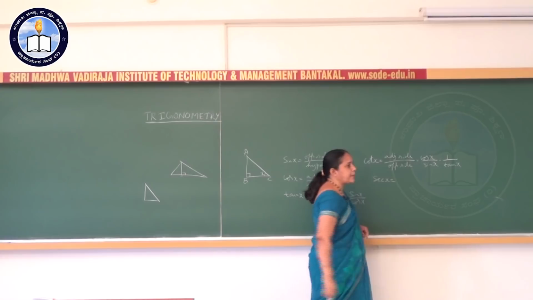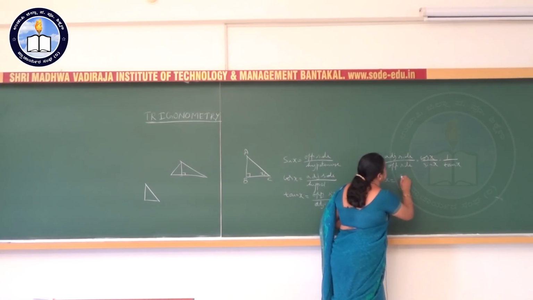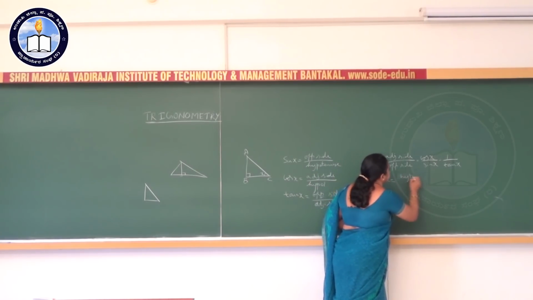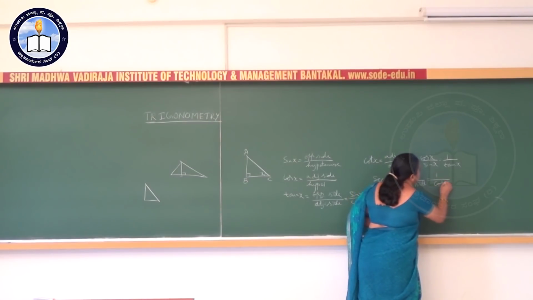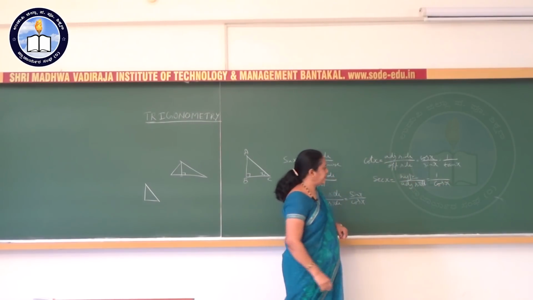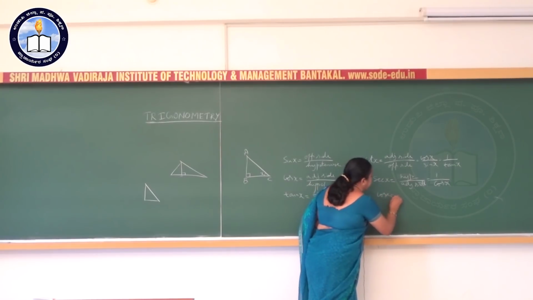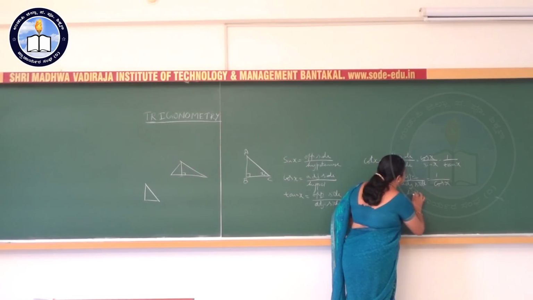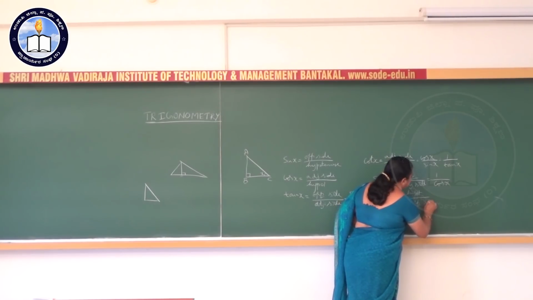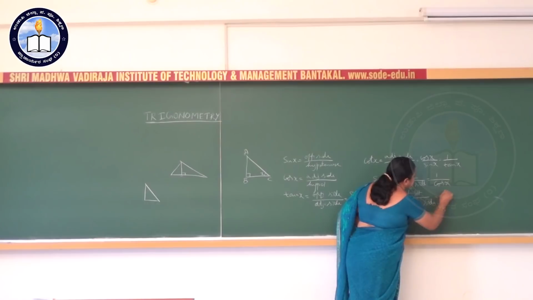Secant x is equal to hypotenuse divided by adjacent side, or it is the reciprocal of cos x. Cosecant x is hypotenuse divided by opposite side, or it is 1 by sin x.